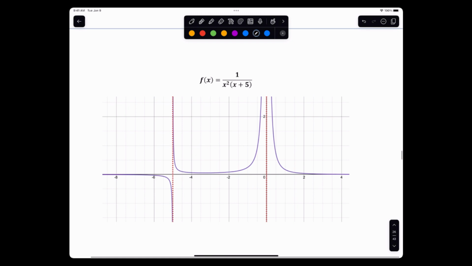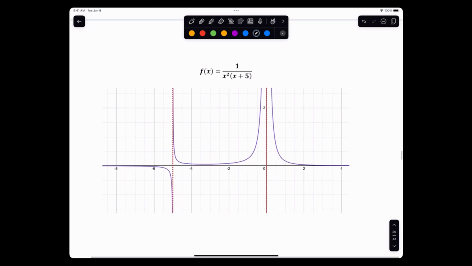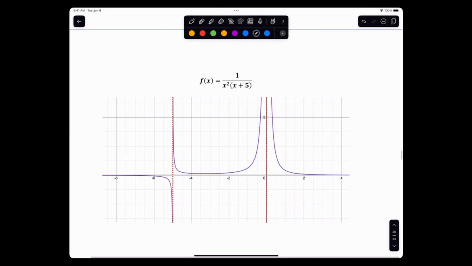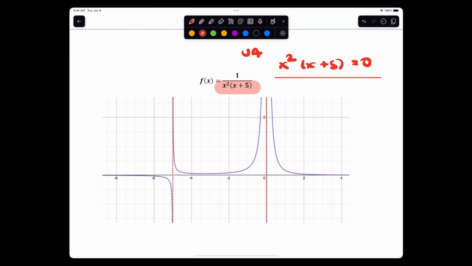You guys think you can answer this question? You guys think you can answer these here, 1 over x squared times x plus 5? Where are the vertical asymptotes? You said x squared and x plus 5 equal to 0. What does that mean? X squared is 0. It means x is 0.